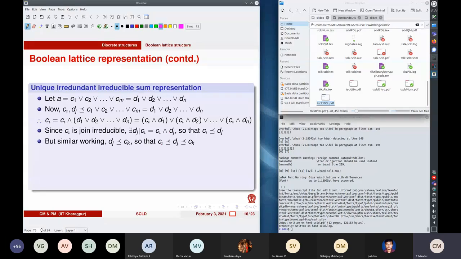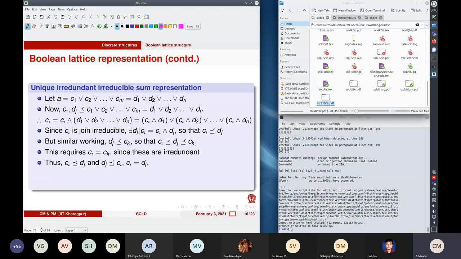By transitivity, Ci is a predecessor of Ck, but since the sum is irredundant, Ci has to be equal to Ck, and that makes Dj equal to Ci. So Ci and Dj must be identical. You can replace Ci with Dj or Dj with Ci, either way. They are identical.